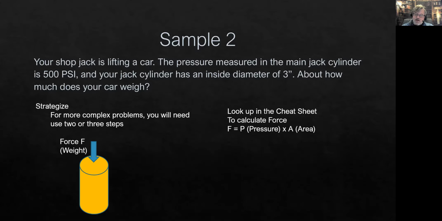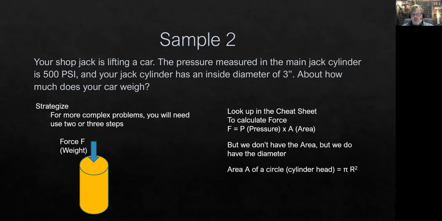The first thing I found is a formula which is force is equal to P times A, which is pressure times the area. And also, I need to come up with the area of that cylinder head, which I can get by using the area of a circle, which is pi r squared. Now, we still don't have it 100% because I need to use the 3-inch diameter.